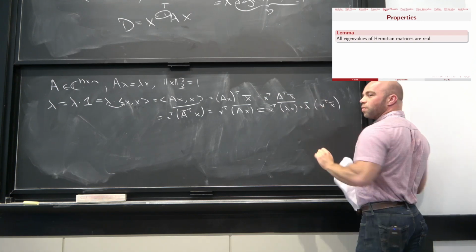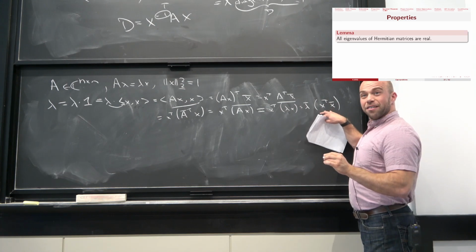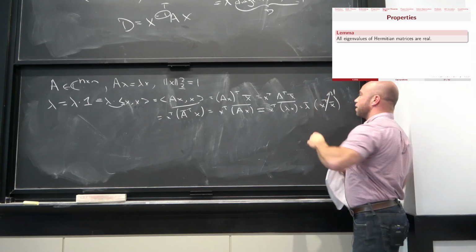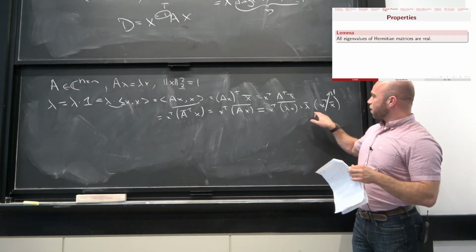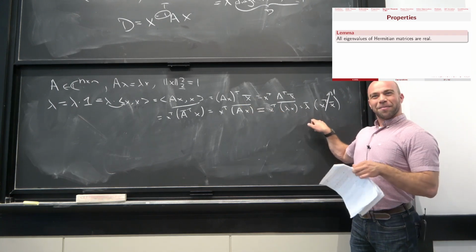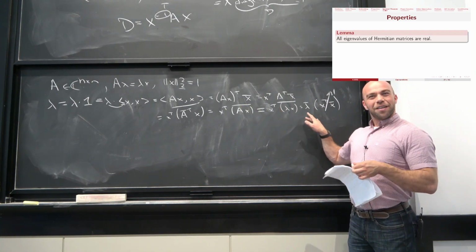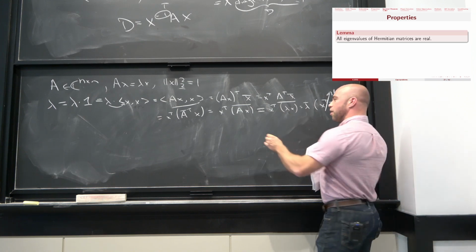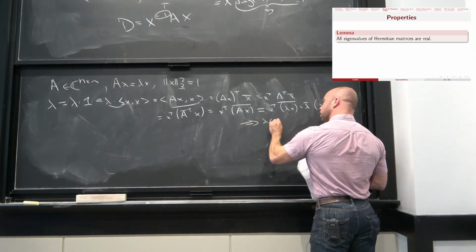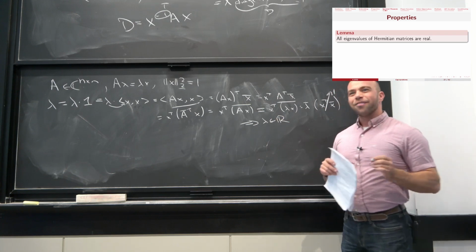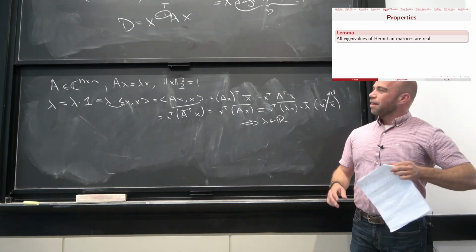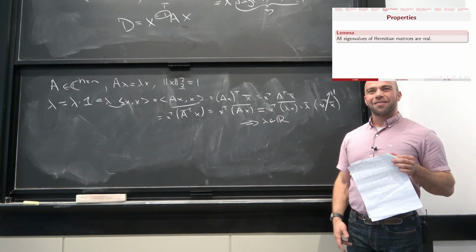But this is just the norm of x again. We already know this is 1. So in effect, what did we just show? We showed that lambda is equal to lambda conjugate. And the only set of numbers for which that's the case are the real numbers. So lambda is in R. This is a nice fact about Hermitian matrices, that they have all real eigenvalues. Cool?